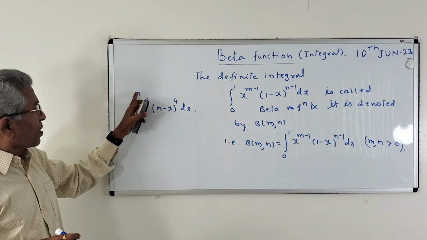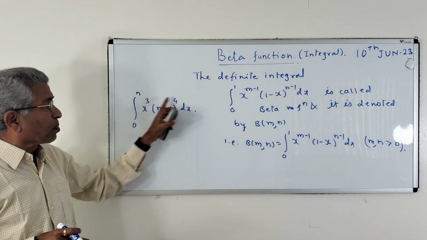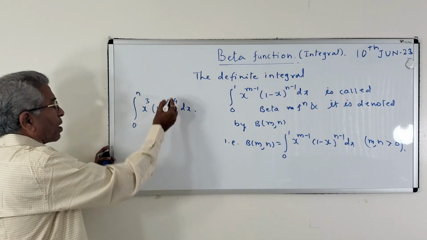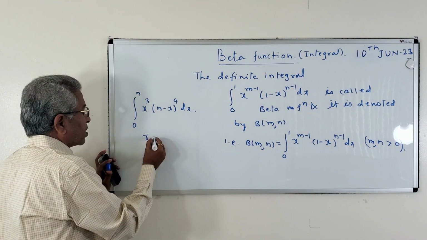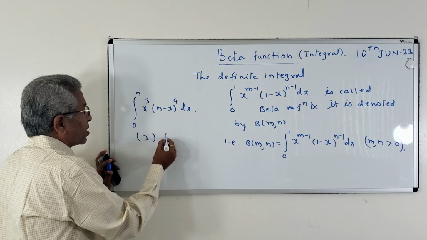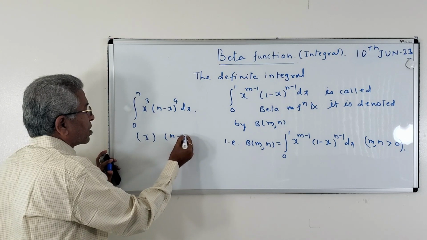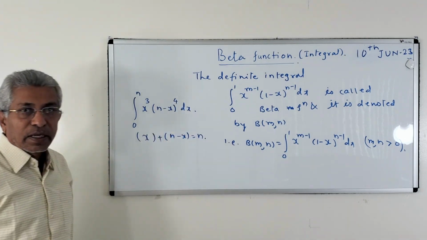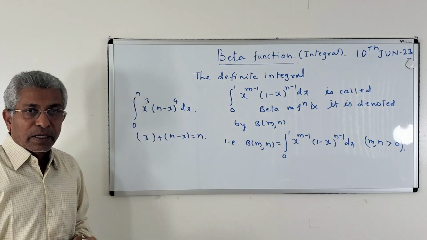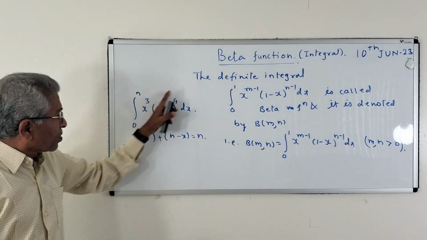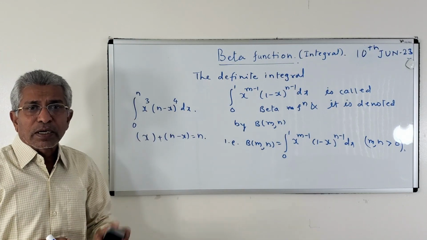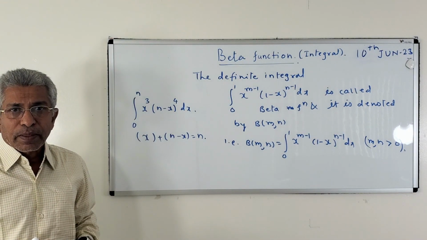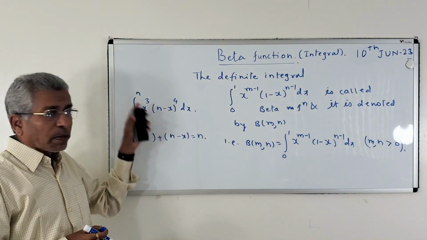Ignoring the powers, the functions are x and n minus x. What is the sum? The sum is n, and it is the upper limit. Therefore, this integral can be easily solved by the beta function. So that is an example of the beta function.